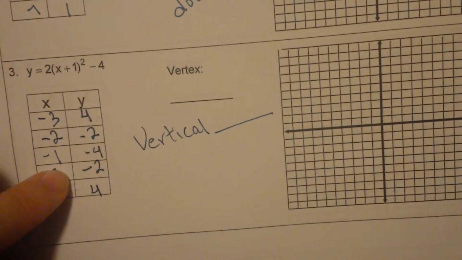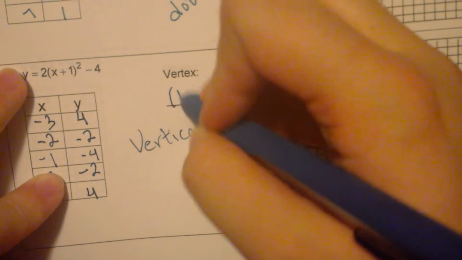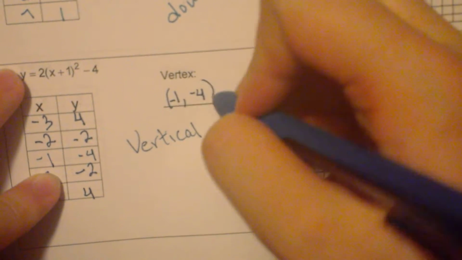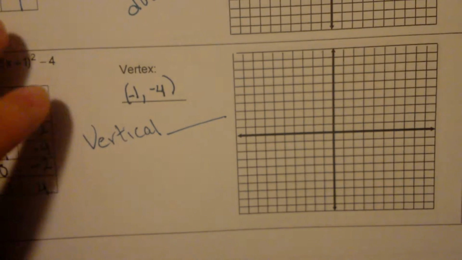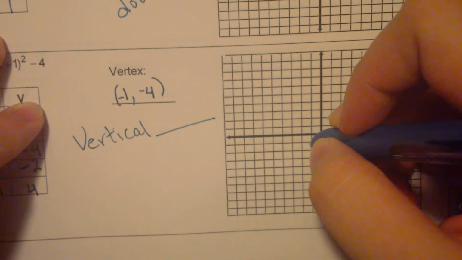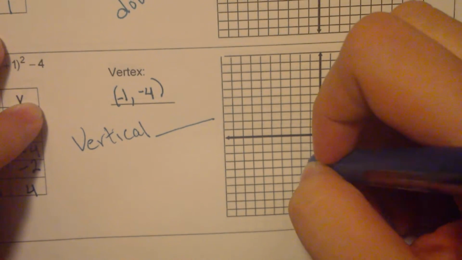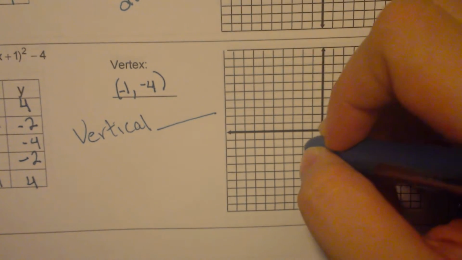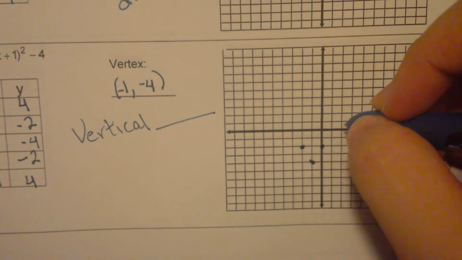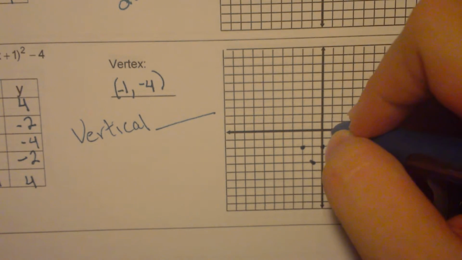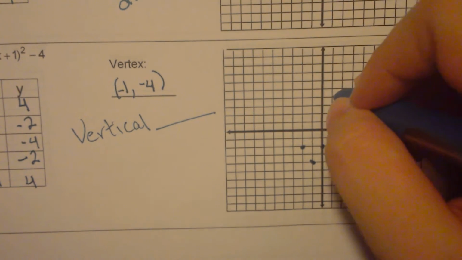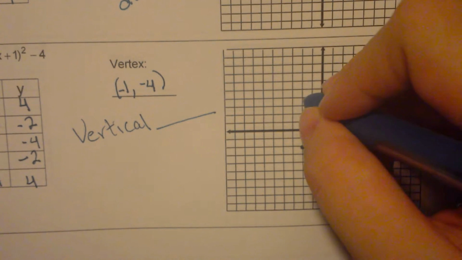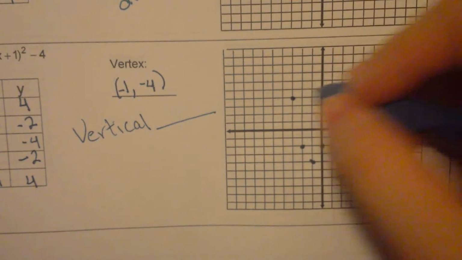And we got to figure out, okay, our vertex was -1, -4. And then 0, -2, 2, -2, 1, 4, and 3, 4. -3, 4.